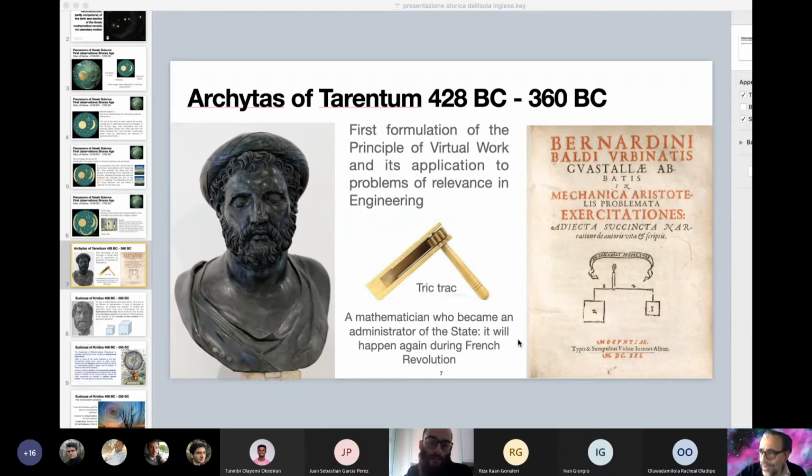By the way, Mario Draghi is not a mathematician, but he was professor of economy, and his research was deeply founded on mathematical roots. So after the French Revolution, this started to happen also in Europe another time.